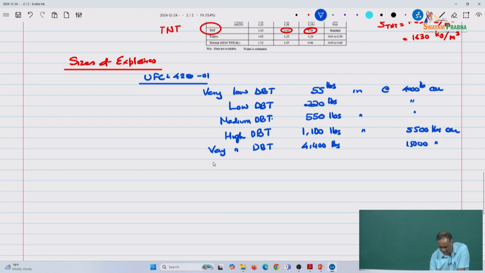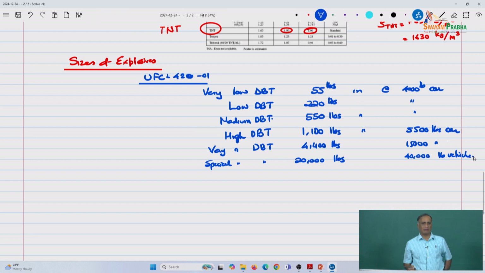And then you have the very special case, this was the Khobar Towers. So these are not unreasonable numbers, or impractical numbers, that you are designing for.